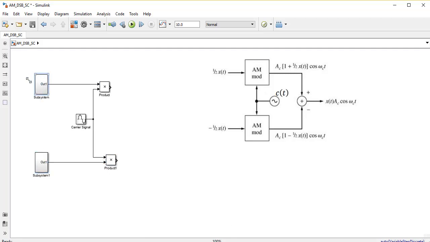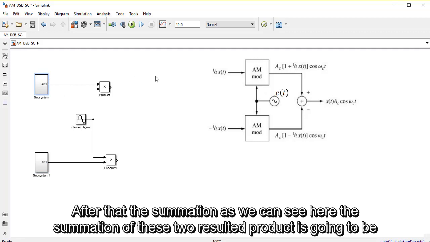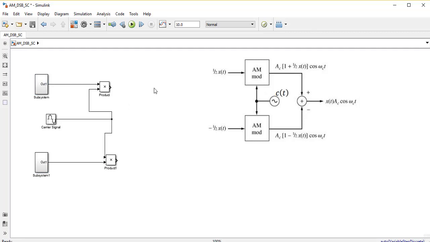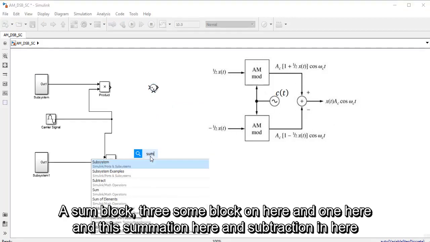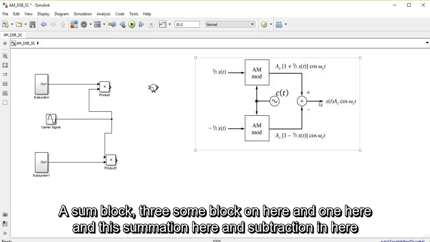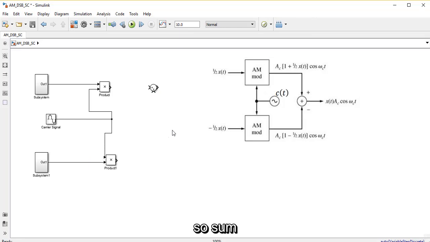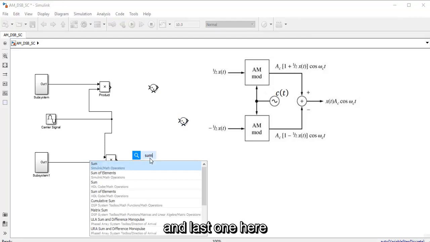Now after that, the summation of these two resulting products is going to be implemented. So we will add a sum block, one here and one here, and this is a summation here and a subtraction in here. So another sum and the last one here.